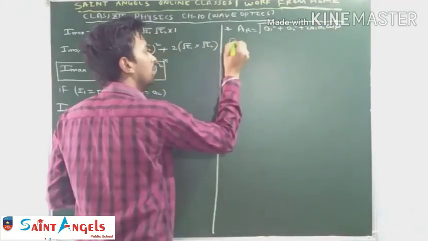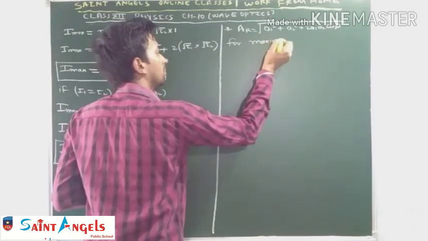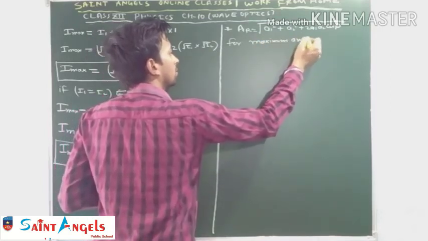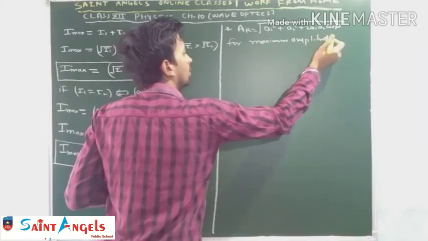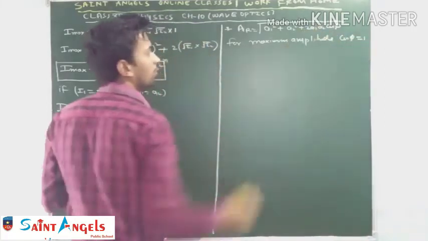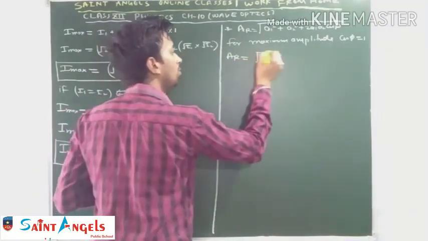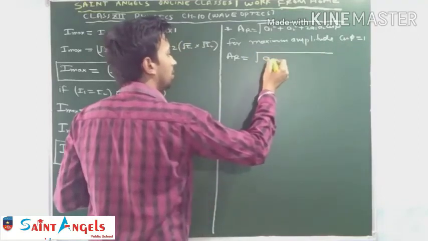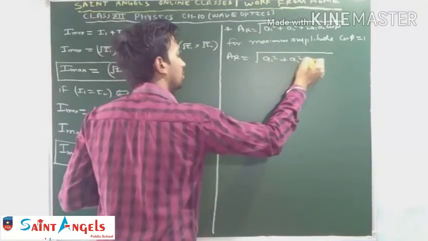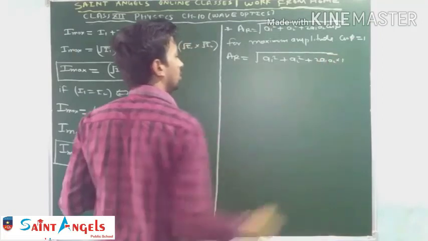For maximum amplitude cos phi equal to 1. Put the value of cos phi in this equation. We have resulting amplitude squared equal to A1 square plus A2 square plus 2 A1 A2 into 1.